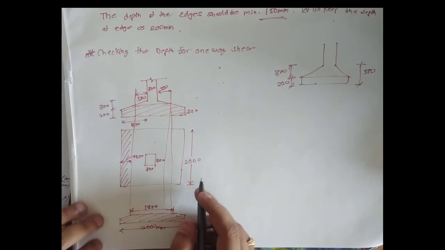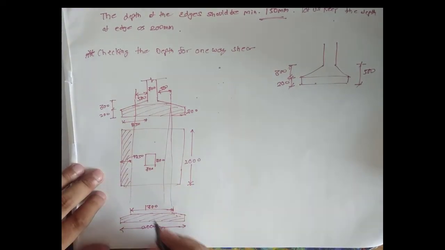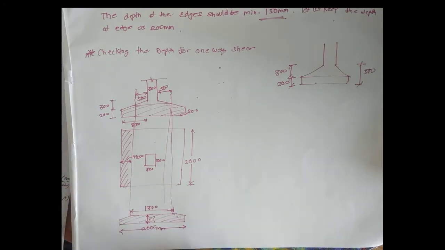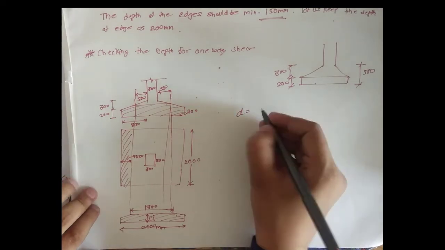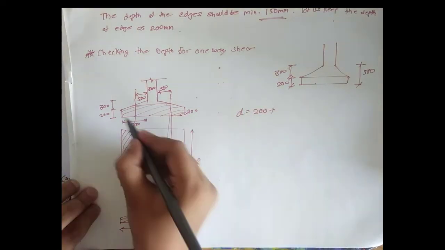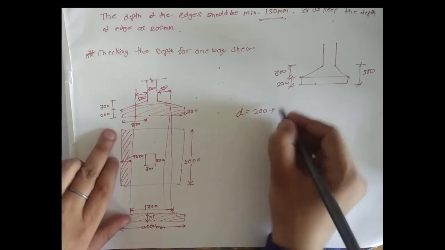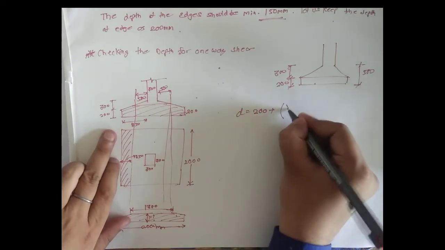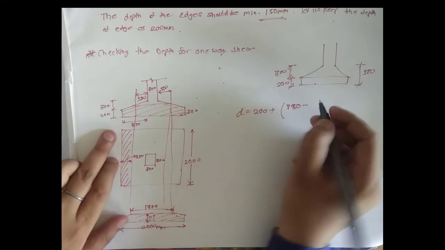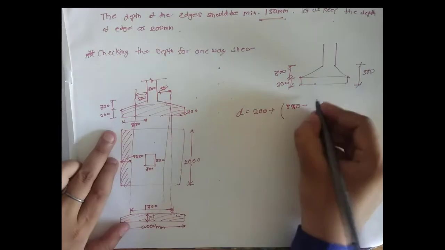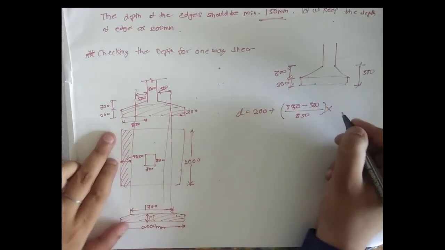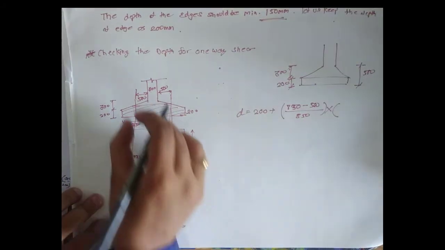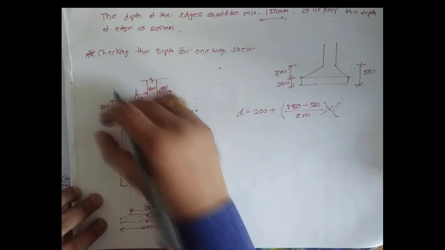Now we need to calculate the height. How to calculate the height? The depth equals 200 plus 850 minus 500 divided by 850 into 500 minus 200.